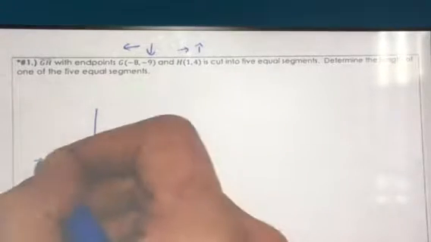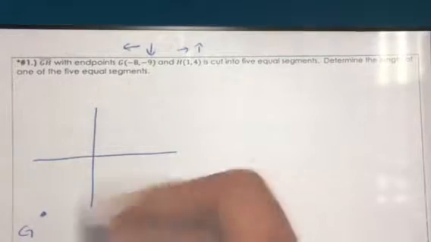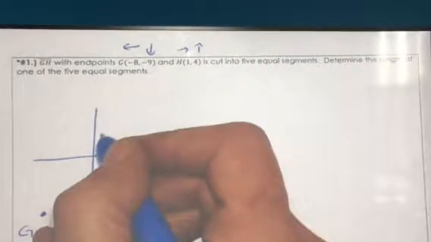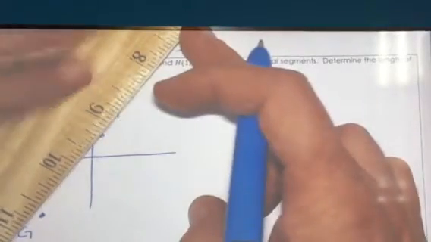So (-8, -9) is something like this. And then (1, 4) is something like this. So segment GH is kind of like this.